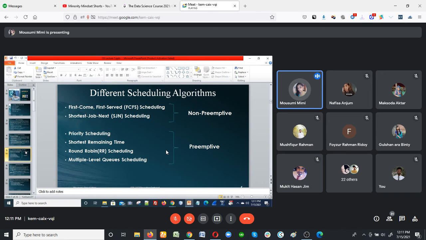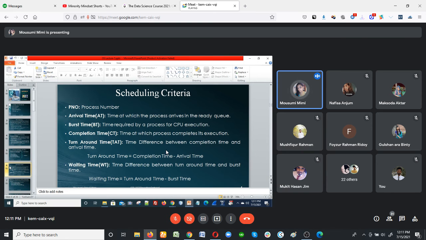So under non-primitive scheduling, there are first come first serve and shortest job next scheduling, these two. And under primitive scheduling, there are priority scheduling, shortest remaining time scheduling, round robin and multi-level queue scheduling.